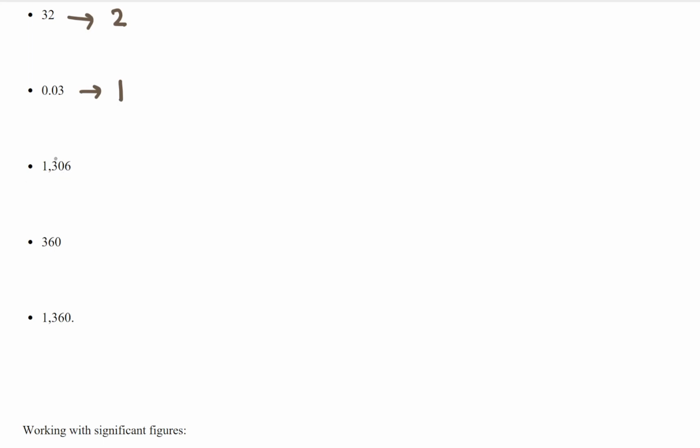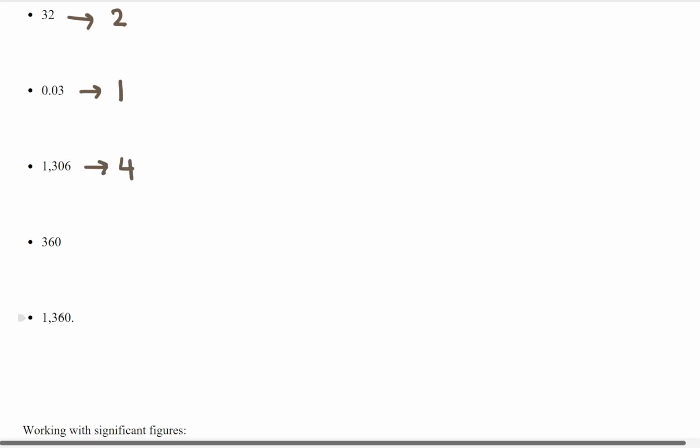1306. Here we have three non-zero digits and a zero between two non-zero digits. So this is significant too, and hence it has four significant figures. 360. Here we have one trailing zero, but there is no decimal point.